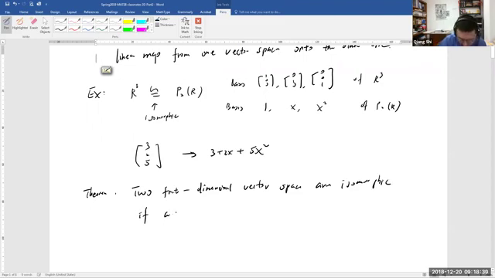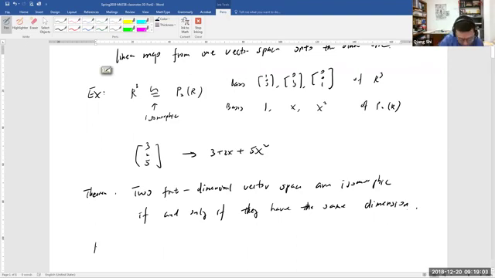Again, this is an if and only if statement: if and only if they have the same dimension. That's actually the example we made belonging to this case, right? So both have the dimension of 3, so they should be isomorphic.